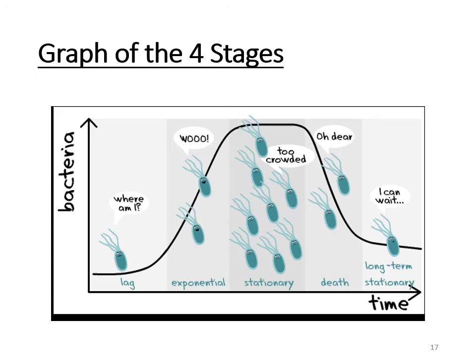Once it's made it through there, you'll notice that our curve starts to flatline up at the top, okay? That's now the stationary phase. The reason why it's flatlining is because the cell death is equal to the cell division rate, okay? And you have to ask yourself, why is this happening? Why are they starting to die at the same rate that they're dividing? Well, look at the figure.